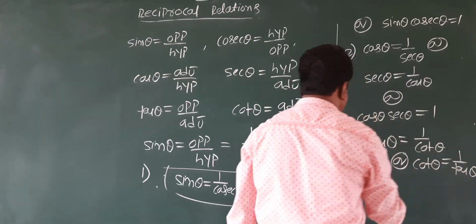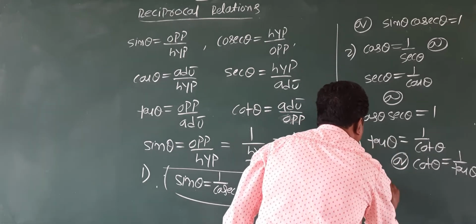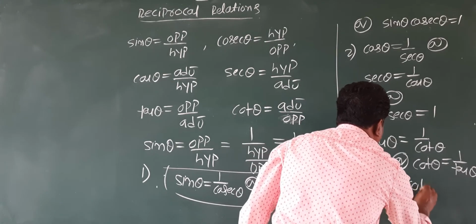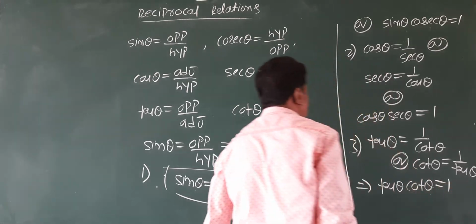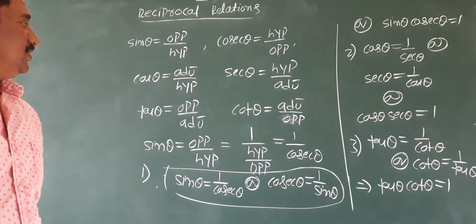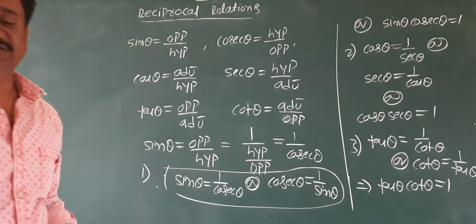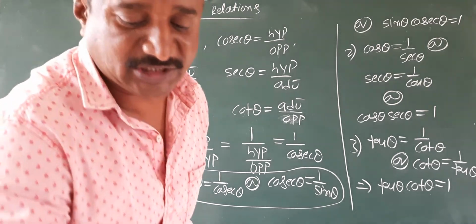So cross multiply, tan theta into cot theta is equal to 1. These relations are called reciprocal relations.